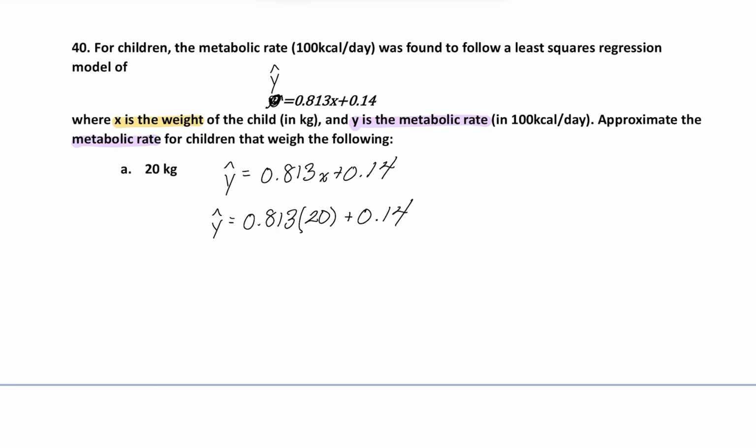So 0.813 times 20 is going to give you 16.26. You can add that value to 0.14. And that'll give you an approximate metabolic rate of 16.4.